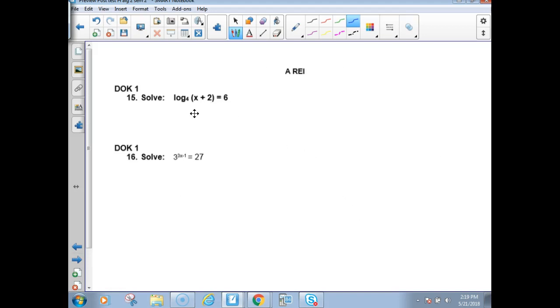Solve. If you have a logarithm and you can't see anything to do, you have to rewrite it as an exponential. So the base is a 4. X plus 2 would equal base of 4 to the 6th power. Now that's a ginormous number. Well, not that ginormous. 4 to the 6th.